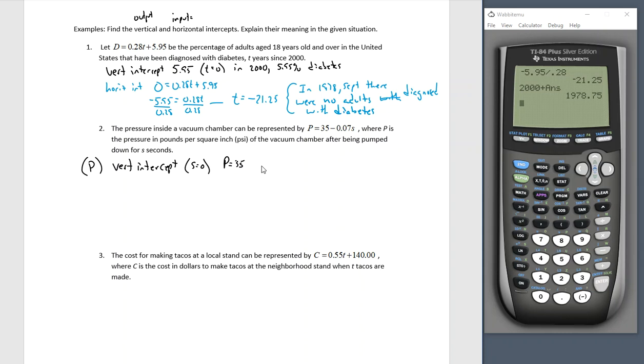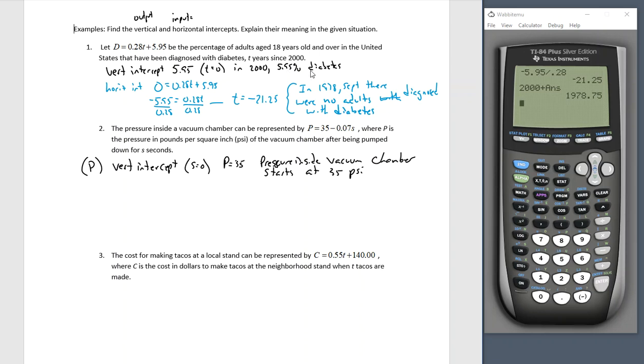So this vertical intercept says the pressure inside the vacuum chamber starts at 35 psi.